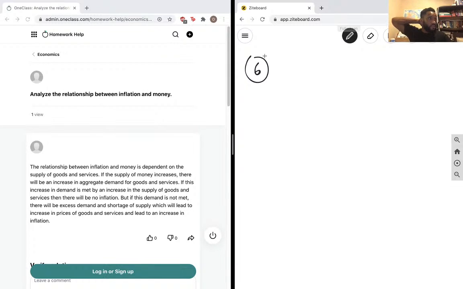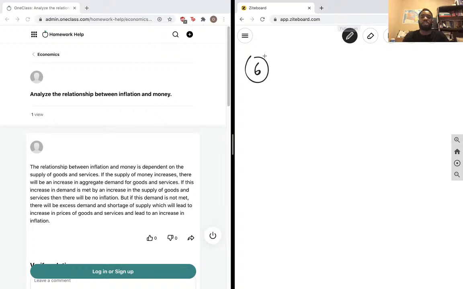So basically it's just saying that inflation is dependent on money supply. Once money supply increases, demand should increase as well. But if that demand does not meet the increase in money supply, then there will be an excess demand, and when there's an excess demand, as we saw in the previous question below, then there's too much money chasing too few goods.